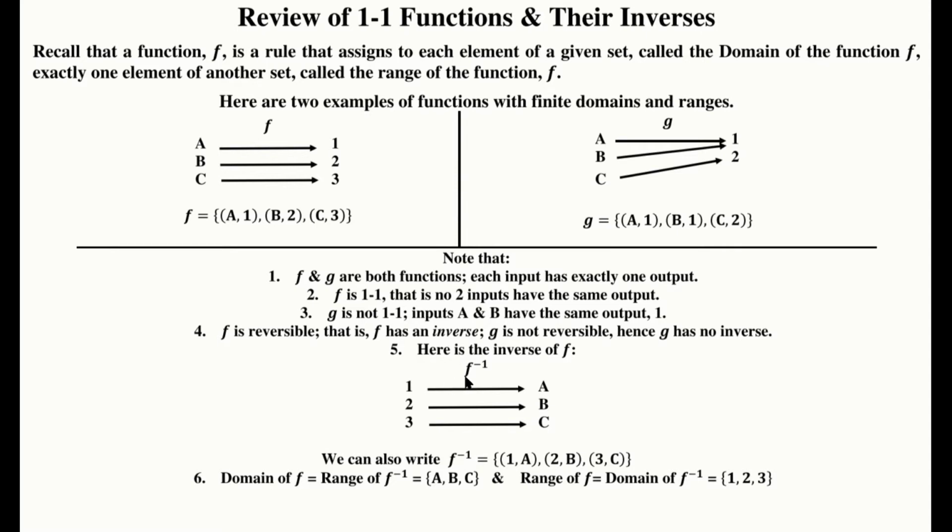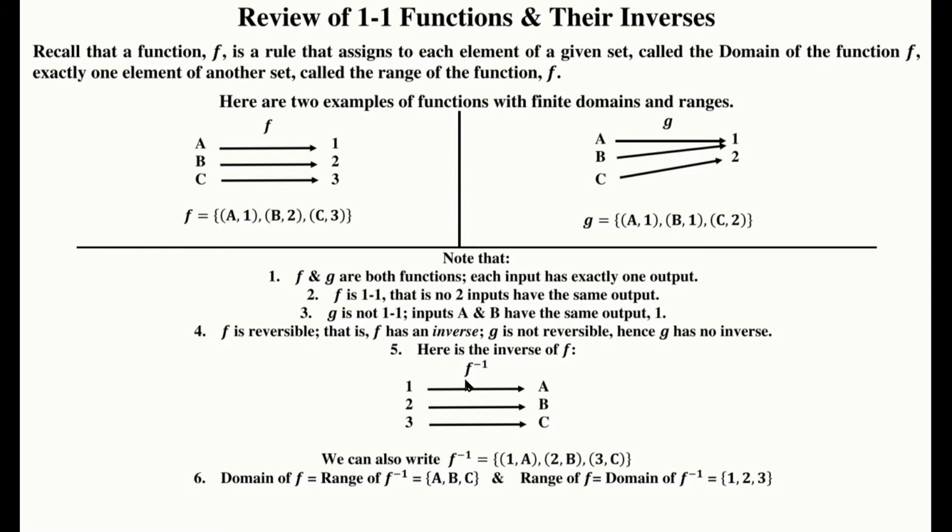We write it with this notation, f and a superscript of -1, which is not to be confused with an exponent. So f to the -1 does not equal 1 over f, like it did in algebra. This is a notation for inverse functions, and the way you read it, you say f inverse.